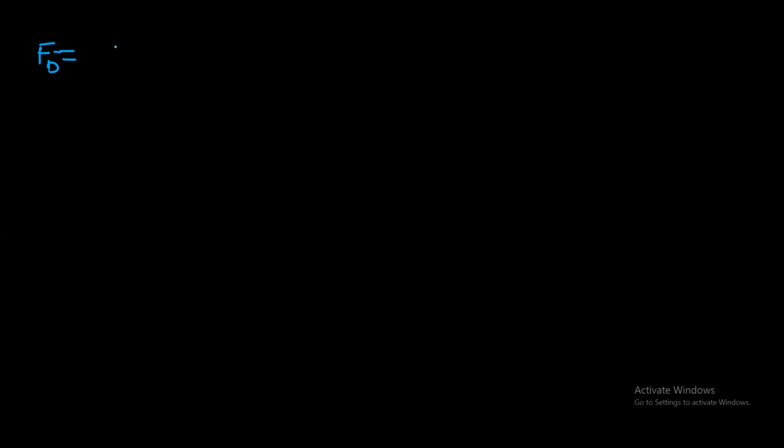So just put all the values for K. Finally, you will get the answer as 0.73 B into mu into capital U into the square root of rho UL divided by mu.